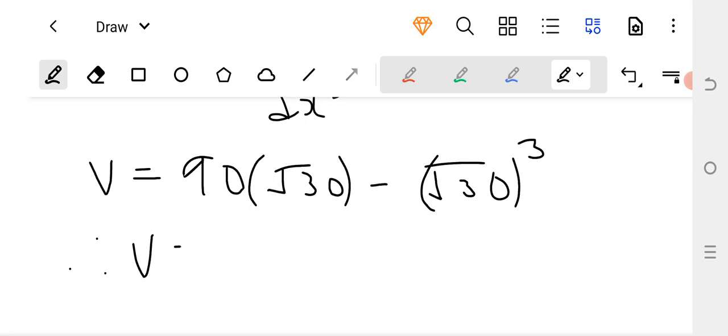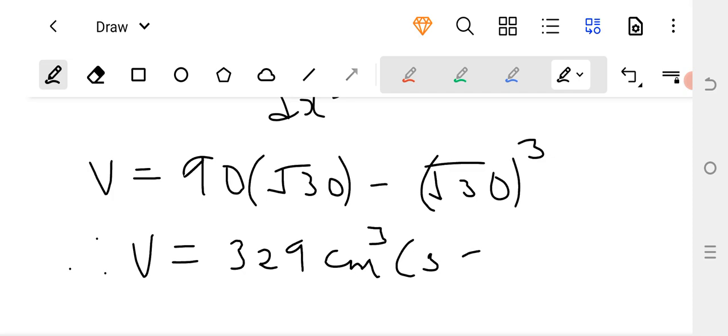Therefore, the maximum volume will be 90 multiplied by the square root of 30, then minus the square root of 30 cubed. We're going to have maximum volume, correct to 3 significant figures, 329 cubic centimeters.